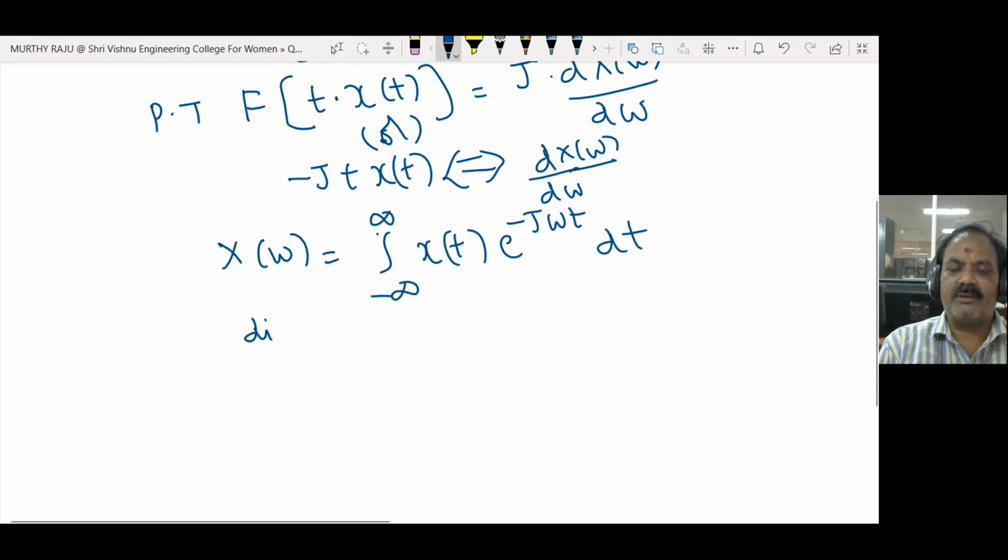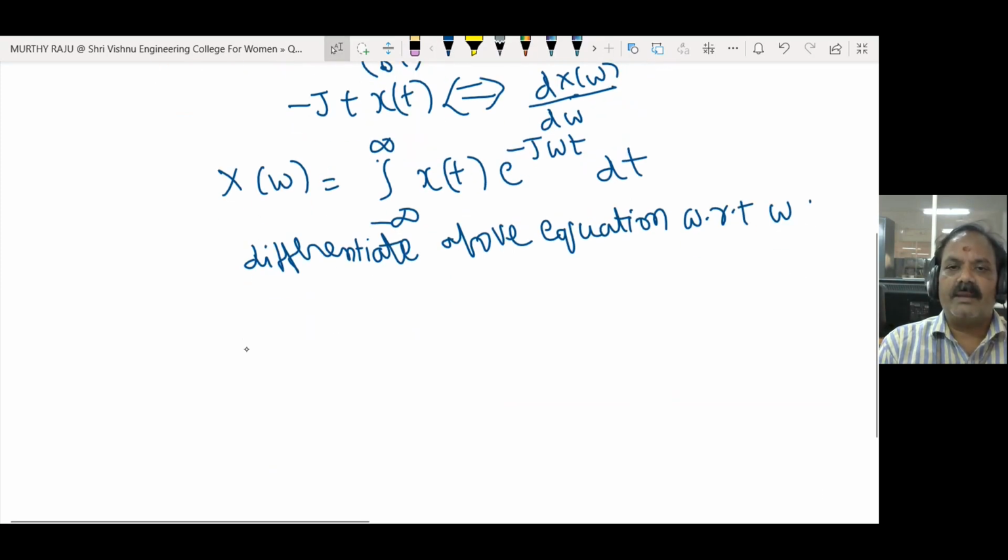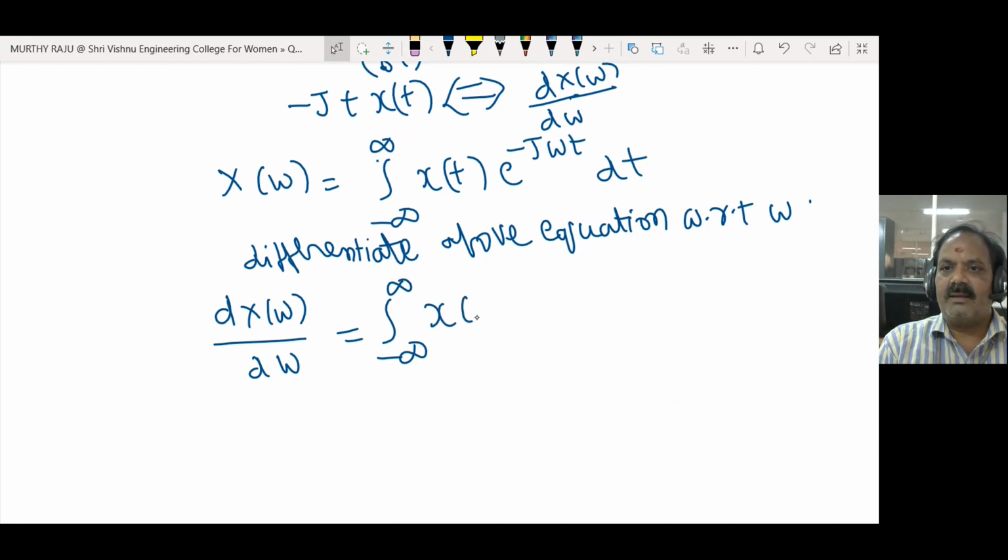Differentiate the above equation with respect to omega. d X of omega by d omega is equal to the integral from minus infinity to plus infinity of x of t d by d omega of e power minus j omega t.